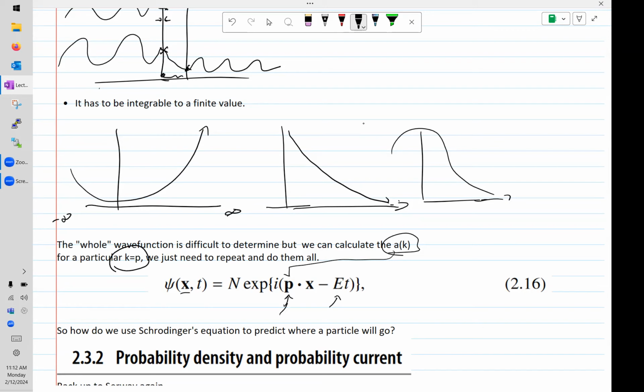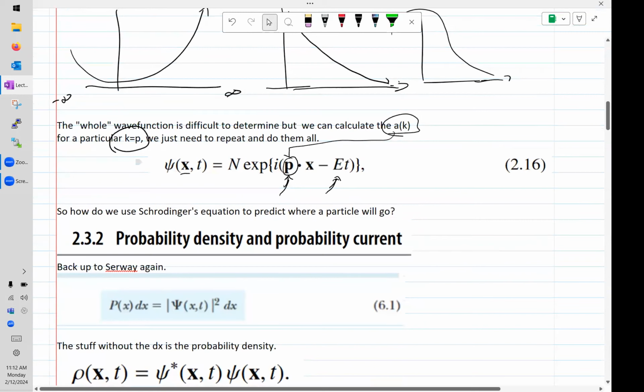So each of these waves will have different momentum. Once you have the momentum and the mass of that particular particle, you also know its energy. So if you know what the p is, then you basically can figure out what the wave is going to look like. But then you also have to figure out what this normalization thing is, right?